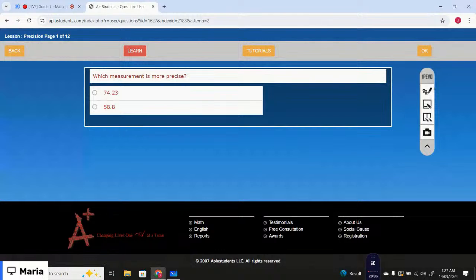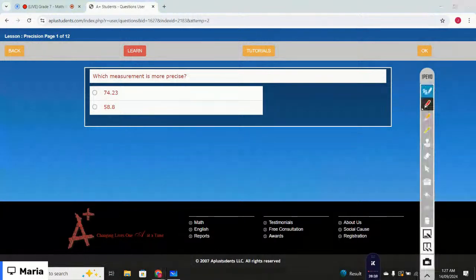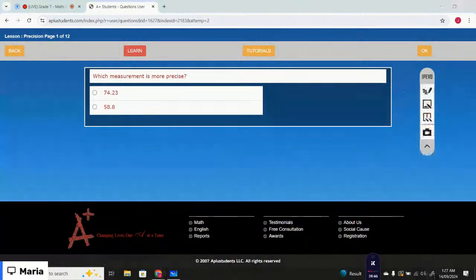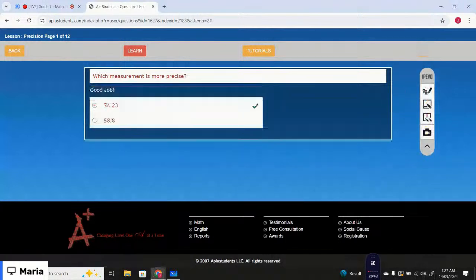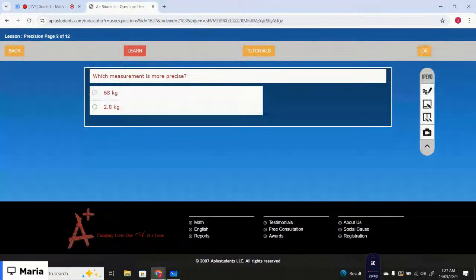The correct option is 74.23, right? Which measurement is more precise, 68 kilograms or 2.8 kilograms?